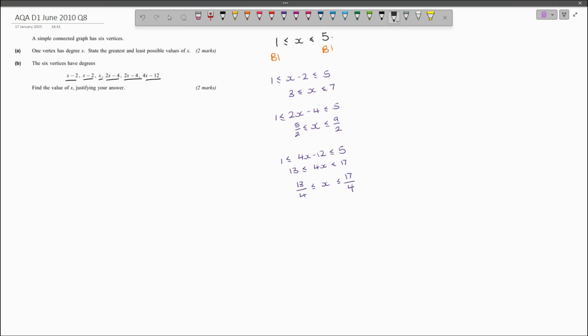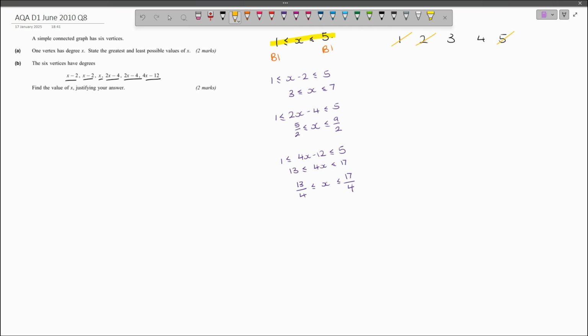And then we can combine our inequalities. x has to be between 1 and 5, so we've got 1, 2, 3, 4, and 5 remaining. If x has to be between 3 and 7, we can't have 1 and we can't have 2. If x has to be between 2.5 and 4.5, we can't have 5.